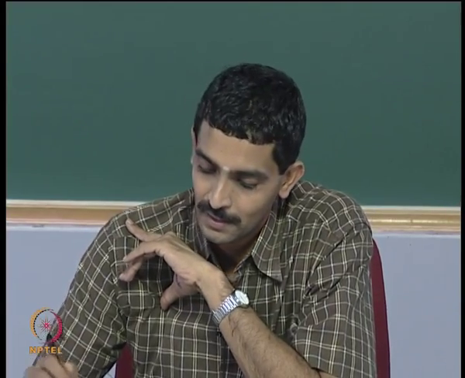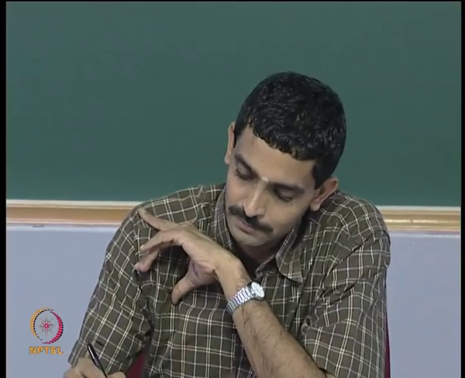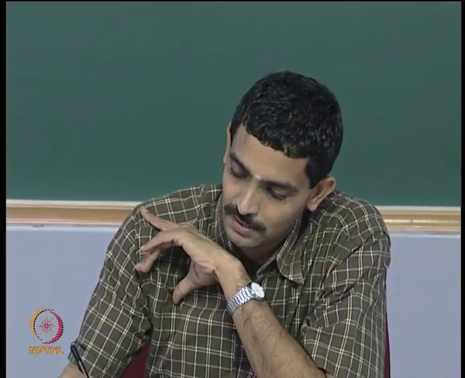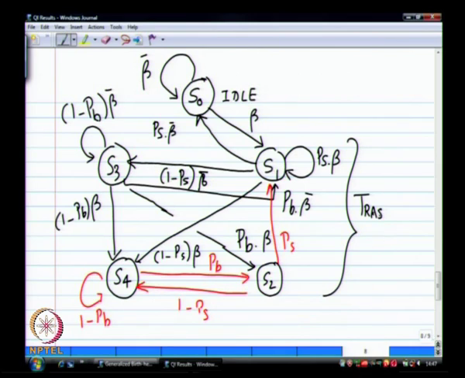See, these are the two transmit states. If a user is in S1 or S2, it means the user is sending, and the probability of that, where P of 1 and P of 2 are the steady state probabilities of being in state 1 and state 2.